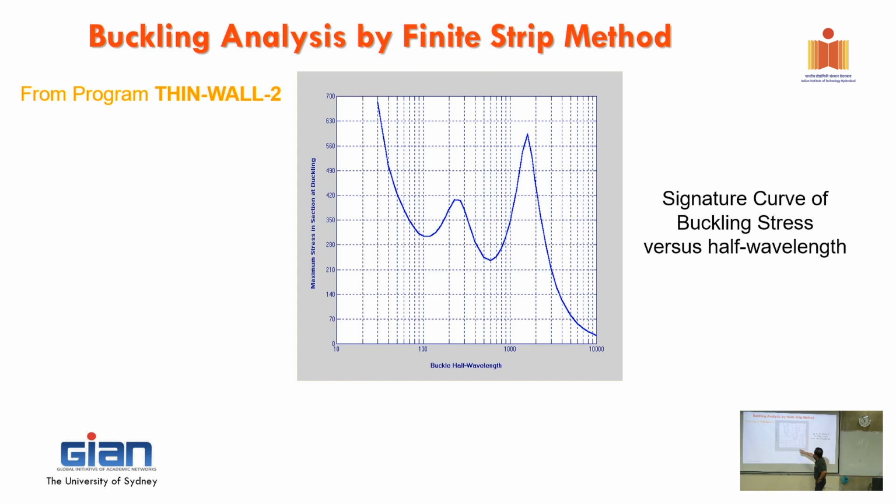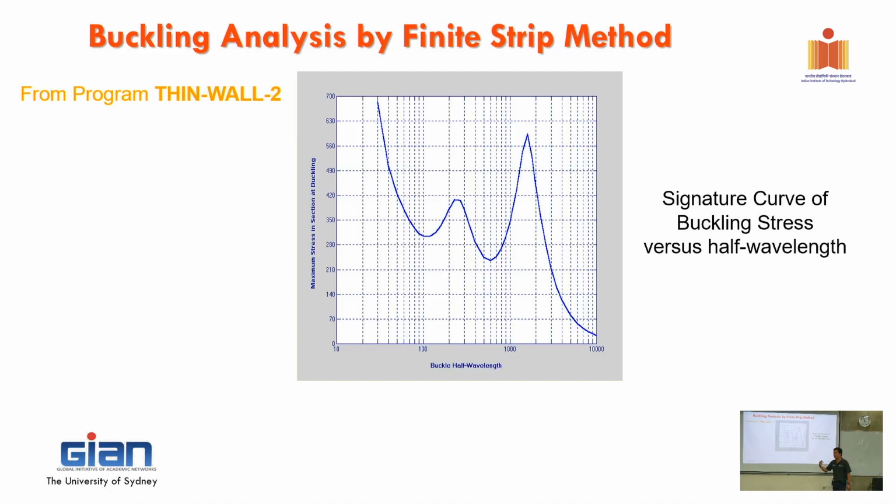So when you click on the analysis button in the Thinkwell program, it gives you this graph. This graph shows you, on the horizontal axis, the halfwave length. And then this one gives you different quantities, but at the end it's going to be the same.